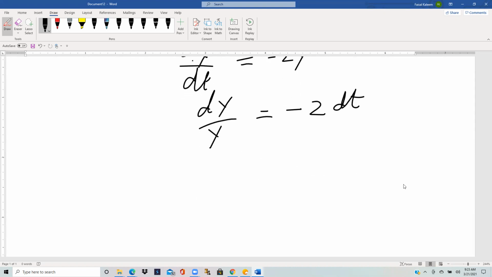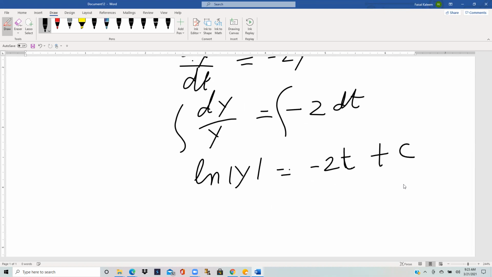And so when you integrate both sides, this is ln y is equal to negative 2t plus c. And y would be e power negative 2t plus c.